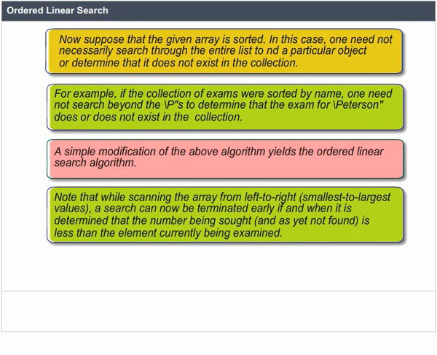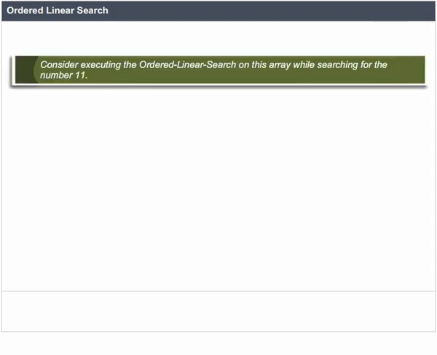Note that while scanning the array from left to right, smallest to largest values, a search can now be terminated early if it is determined that the number being sought and as yet not found is less than the element currently being examined. Ordered linear search. Consider executing ordered linear search on this array while searching for the number 11.